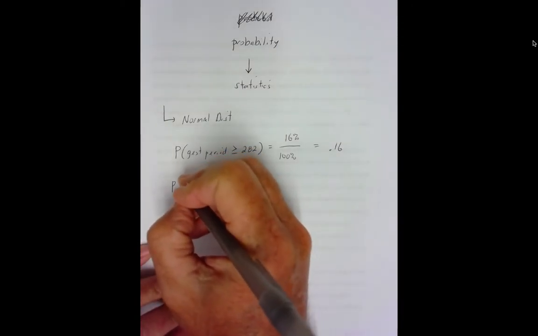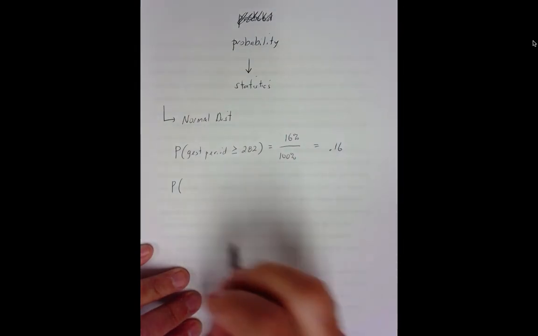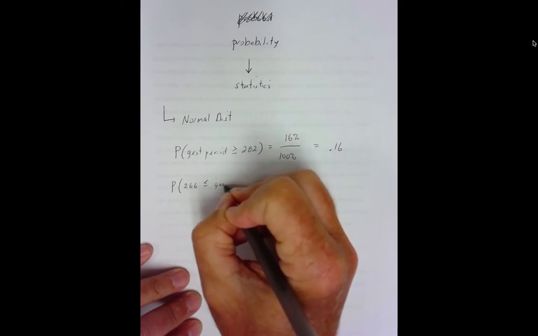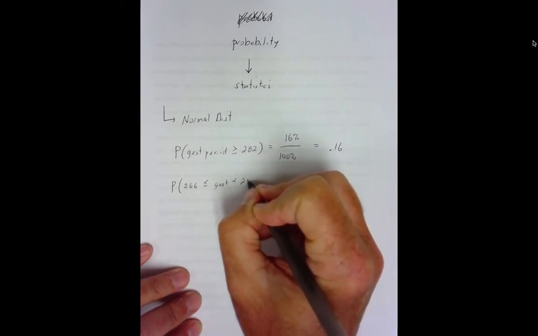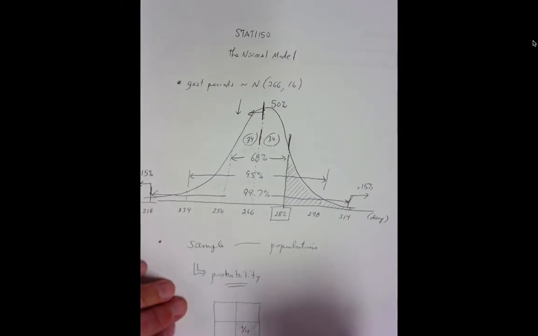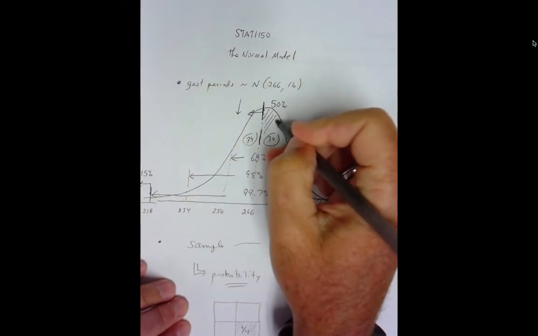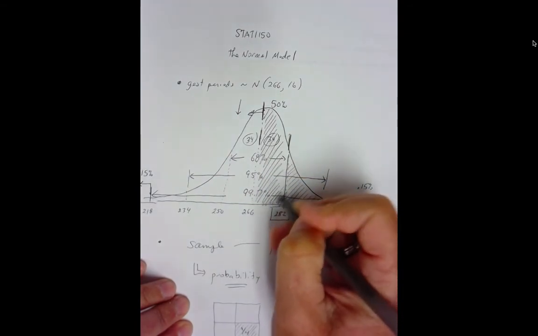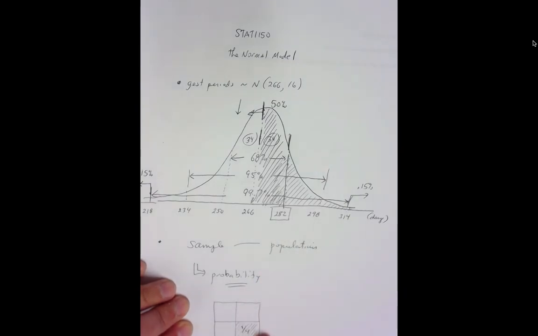What's the probability that the gestation period would be from 266 up to 282? Well, that tells me that I need to concentrate on this area, right?